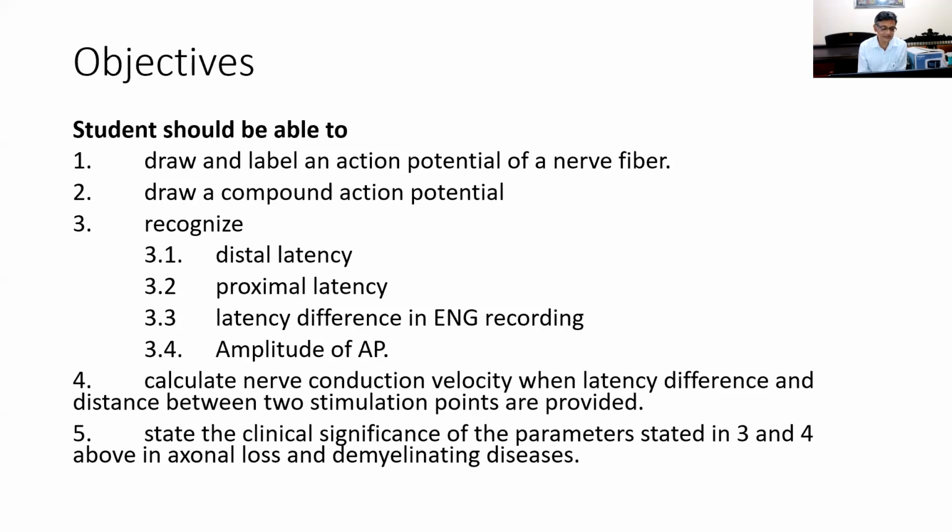In the ENG practical, you are expected to know certain terms known as distal latency and proximal latency. It's a time actually, I will tell what it is. The difference between the two values is called latency difference.